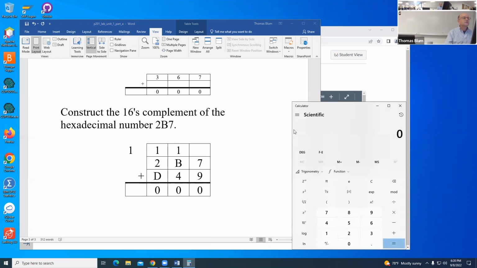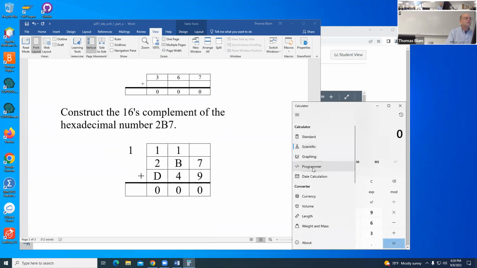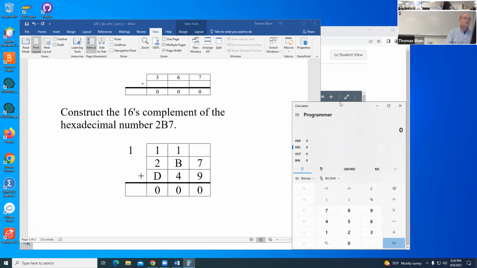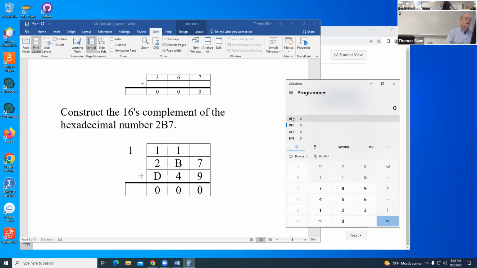Calculator, not scientific, but programmer mode, and we are in hex. So is 2B7 plus D49 equal to 1000, and we're interested in the 000.